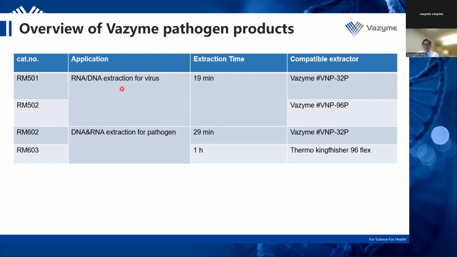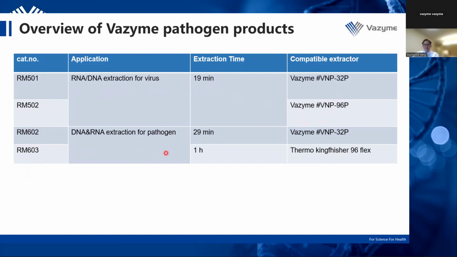They offer fast extraction in 19 minutes and are compatible with Vazyme's automated extractors, like VMP32 and VMP96. And RM602 and 603 are designed for both DNA and RNA extractions from pathogens.